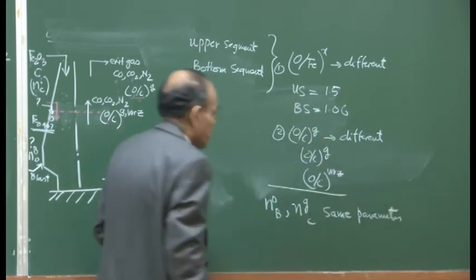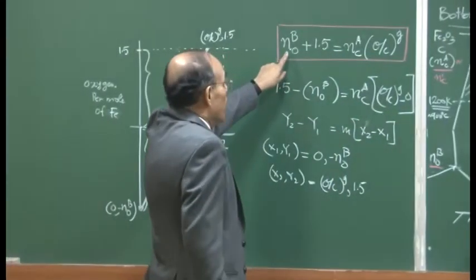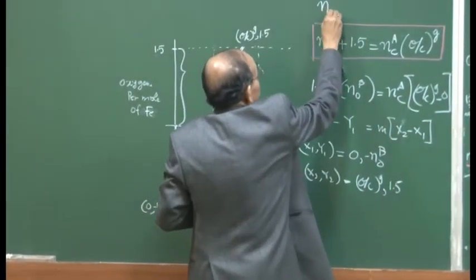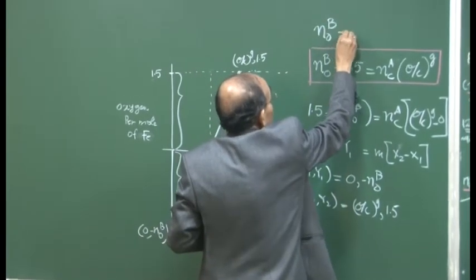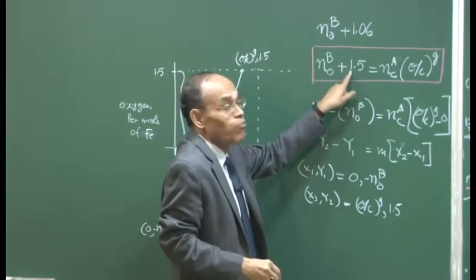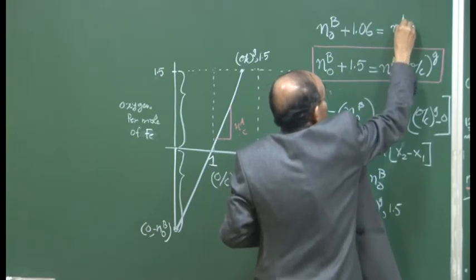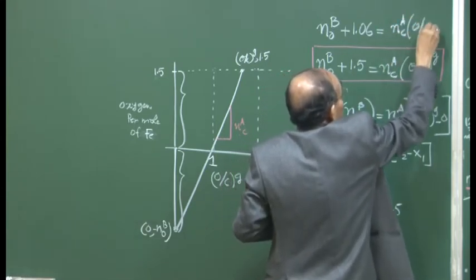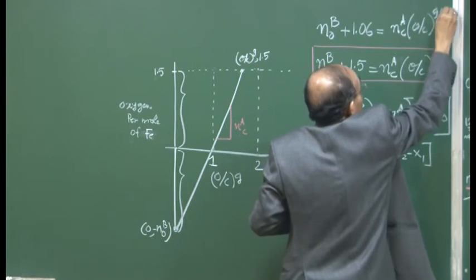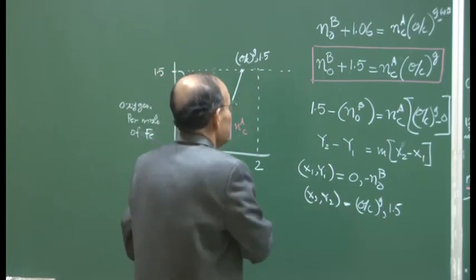The overall furnace parameters of NOB and NGC apply to the bottom segment as they are. So, we can now say that NOB will apply, and if you do the oxygen balancing for the bottom segment, then we will write down 1.06, because Oostite enters, it is no more hematite, it is Oostite, and then the same NIC parameter applies, and then it is going to be the O by C gas of the Oostite reduction zone, the O by C ratio of the gas that leaves the bottom segment.